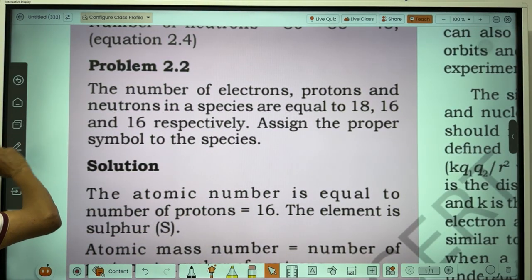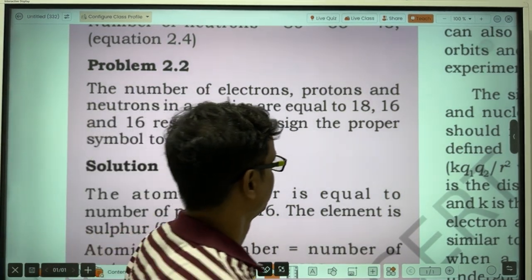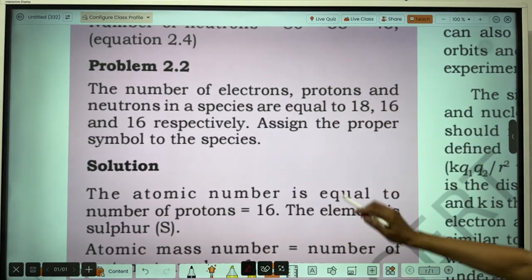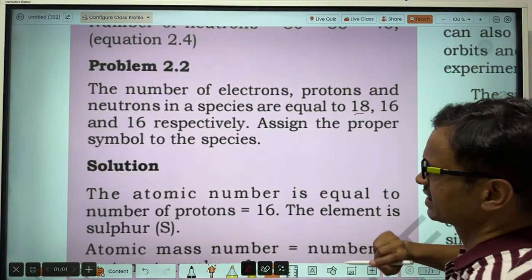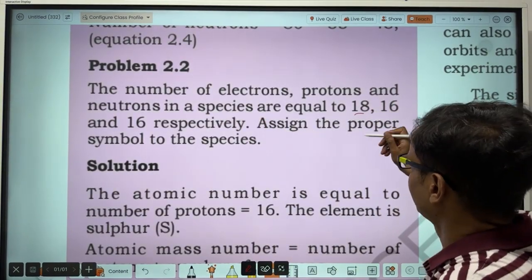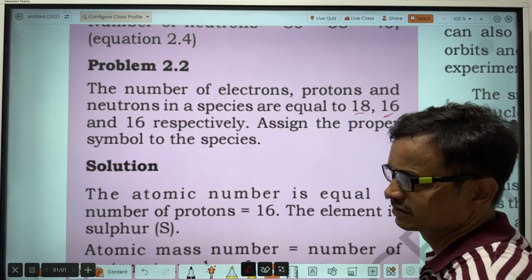Atomic number is equal to the number of protons. The number of electrons is 18, given already, and the number of protons is 16.